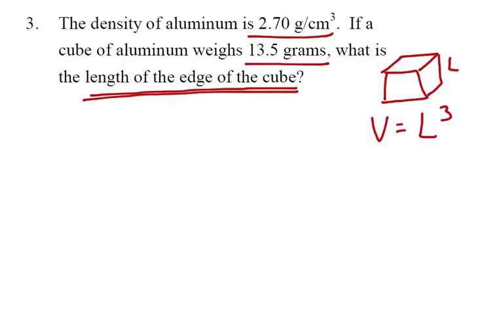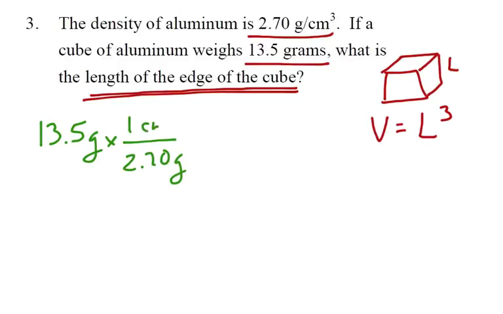So what I would do is use my 2.70 as a conversion factor, and I'd say 13.5 grams. Then I would say there's 2.70 grams in 1 cubic centimeter. And when I divide those two, I will get 5 cubic centimeters.